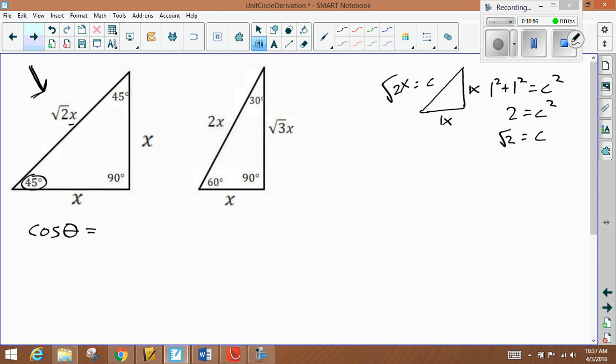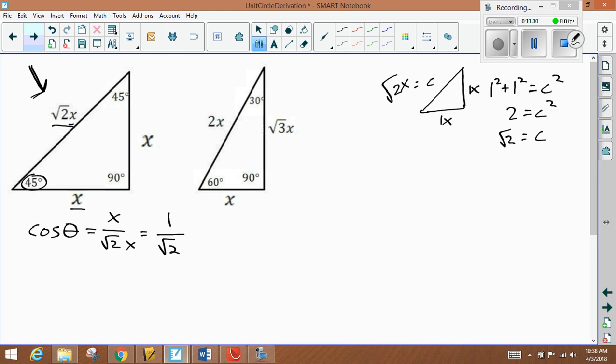That's our hypotenuse. Well, the x over x is 1, right? So is it fair that I say that that becomes 1 over the square root of 2?